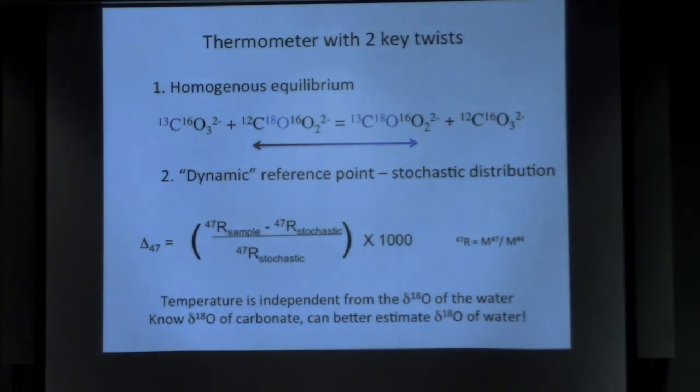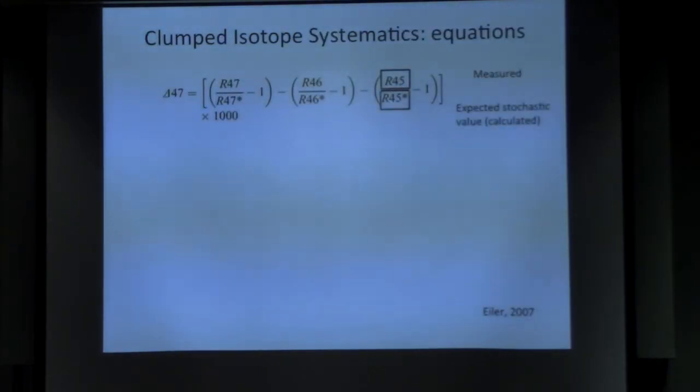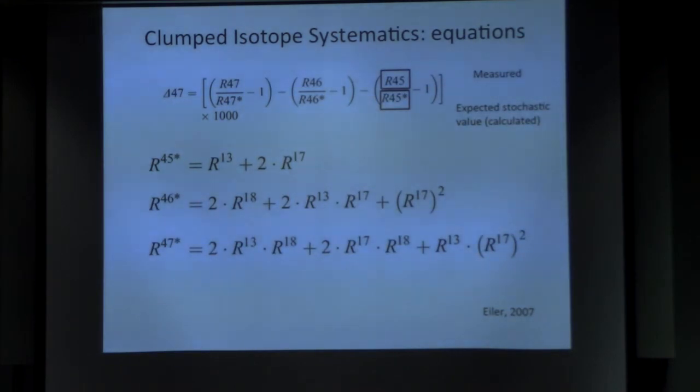Okay, so I said I would come back to this concept of what this reference point really means. I don't want you to worry too much about the math here. If you were going to look in all the calculation sheets that come out of the mass spec, like the kinds of data you're getting for all of your other isotope systems, and look at how they calculate this Δ47 value, you would see all of these different parameters.